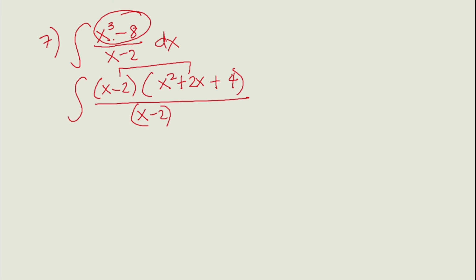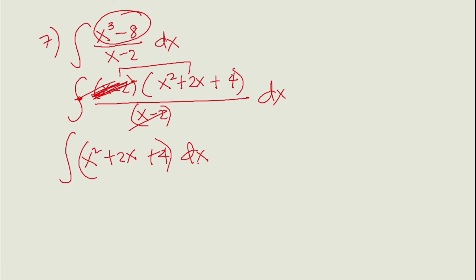So we have dx. The x minus 2 cancels. The integral of x squared plus 2x plus 4 dx is the integral of x squared plus 2 times the integral of x dx plus 4 times the integral of dx.